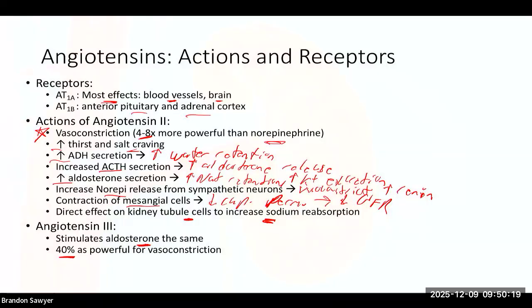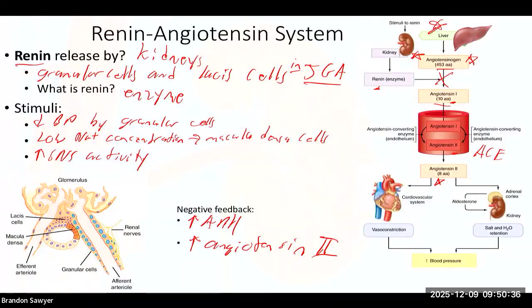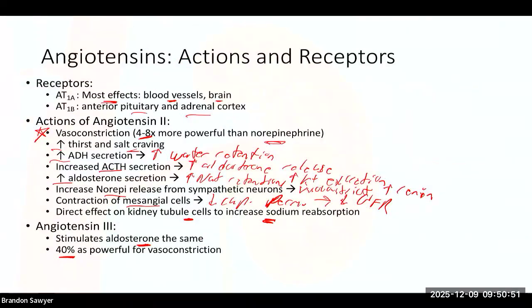It causes us to release more norepinephrine from our sympathetic neurons, leading to some vasoconstriction and some renin release, as we talked about previously on the stimuli for renin release. Sympathetic activity, norepinephrine on these lacy cells and granular cells, stimulates beta adrenergic receptors to release renin. That's how we're connecting this action to more renin release.